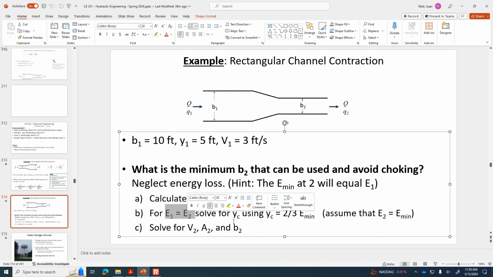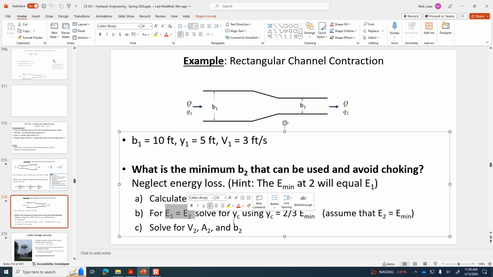And what we know from that simplified 2/3 and 3/2 relationship we've talked about before is, for a rectangular channel like we have here, when you've got critical conditions, the specific energy is 3/2 of the critical depth, or the other way to say it is Y sub C is 2/3 E minimum.